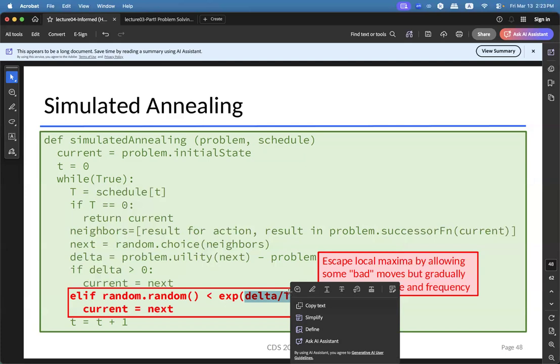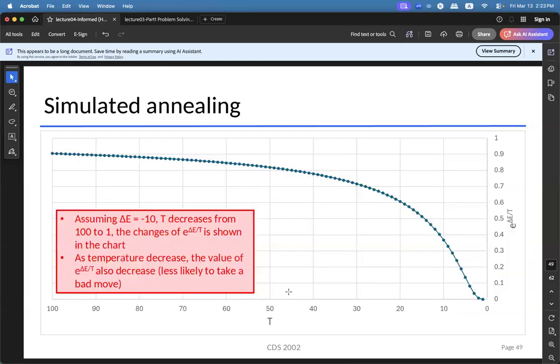So if I plot the graph like this to show the relationship as the temperature decreases, the e to the power of delta E divided by T, this whole chunk, is decreasing. As temperature decreases, the threshold of being able to make a bad move also decreases.